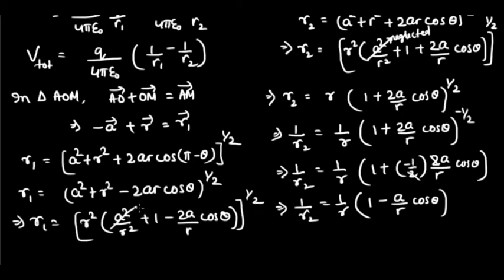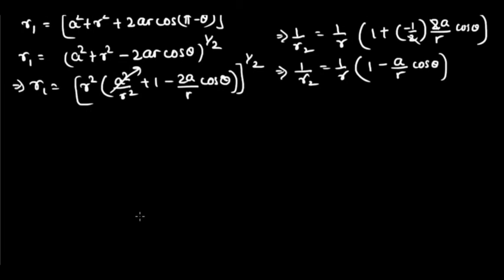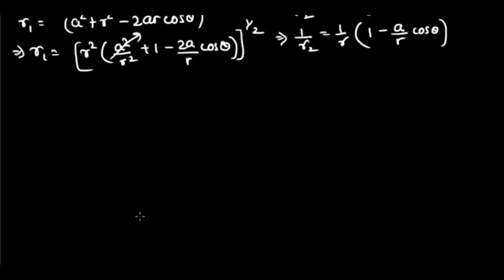Again, you can ignore this term A square by R square because we are talking about a very short dipole where A square is much smaller than R square. That implies R1 is equal to R, since R square power half will be R, and inside the bracket we have 1 minus 2A by R cos theta, power half.